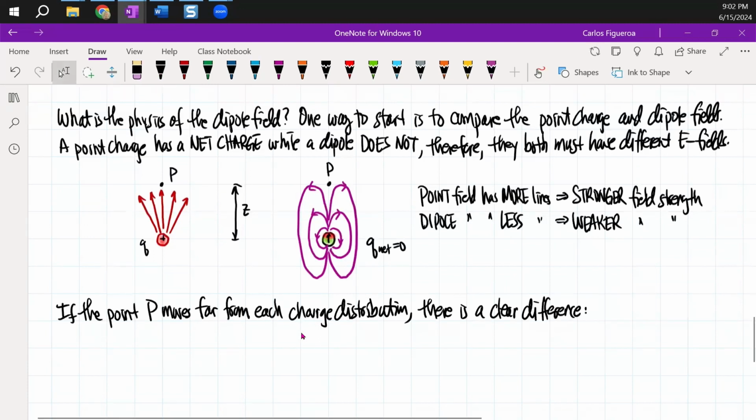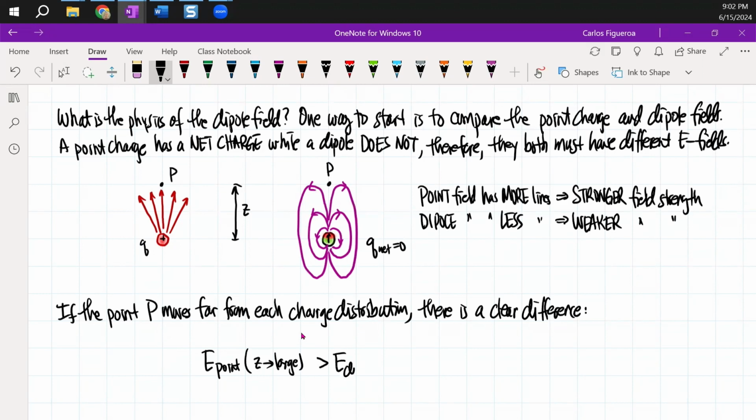Now remember, we have to see a physical dipole, so we have to be far enough away that it's just a point. So if I look at the E field of a point charge, as Z gets large, this should be larger than the E field of a dipole as Z also gets large.